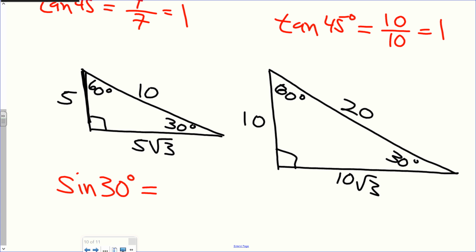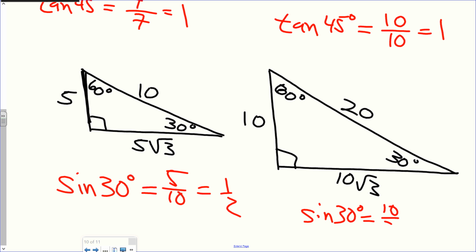Thank you, Gomez. So opposite of 30, 5 over 10, that becomes what? 1/2. Let's do the big one. Sine of 30 over here. In this case, it's going to be 10 over 20. It's going to be 1/2.